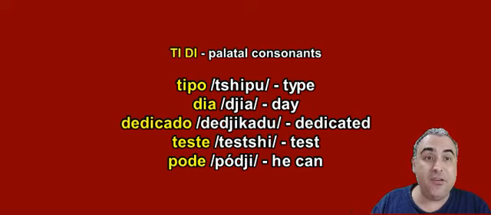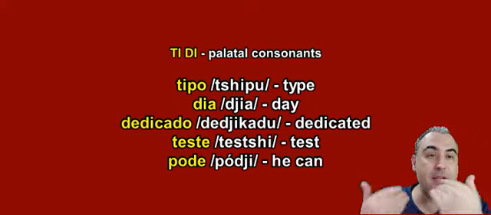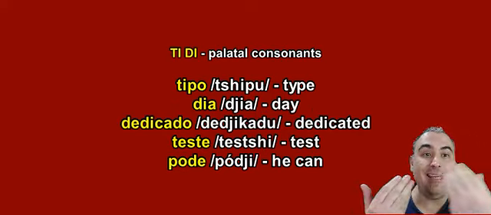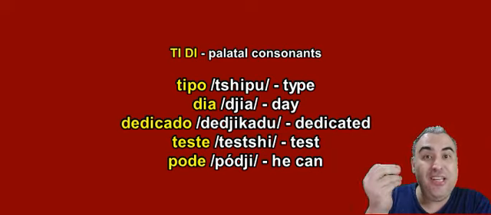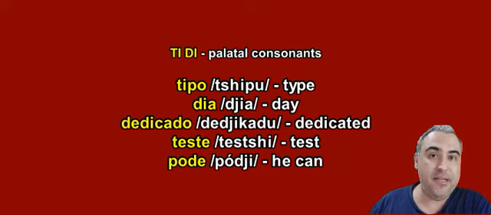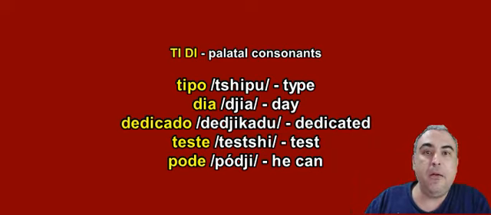The palatal consonants, the T and D sounds. Whenever the T and the D, which are the frontal, dental consonants, are followed by an E, a sound like E, they weaken to chi and ji. That's typical of more southern Portuguese. Northern Brazilians tend to be a little bit more conservative.